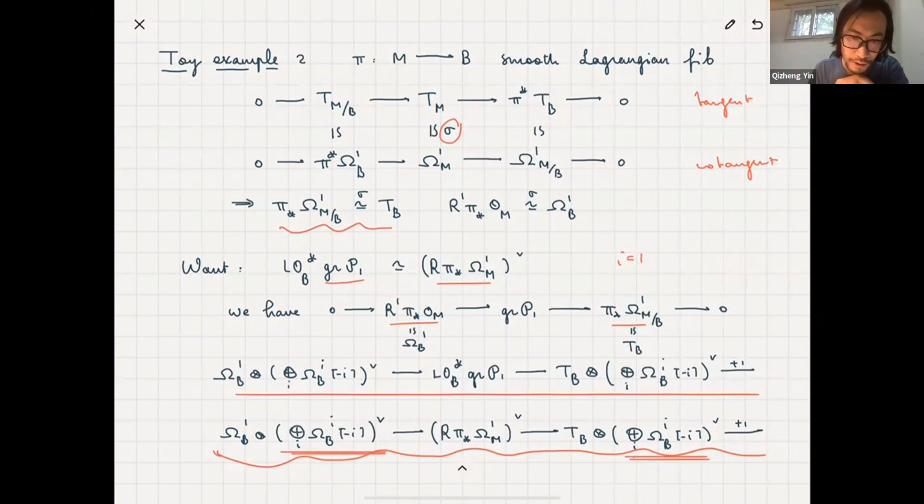Now, if you're wondering whether the boundary maps are also the same, you can check that the boundary maps are also the same, because they're both induced by the Gauss-Manin connection.